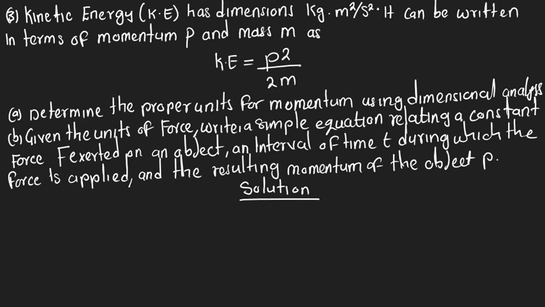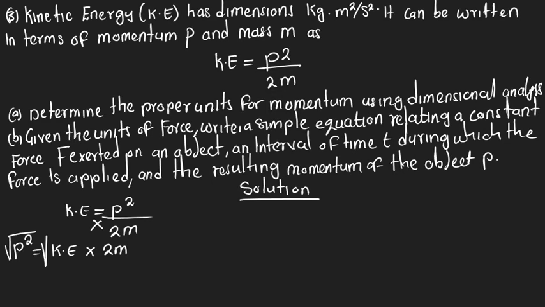To determine the proper units for momentum, we have been given the formula KE is equal to p to the power 2 over 2m. We can cross multiply. We are going to get p to the power 2 is equal to KE multiplied by 2m. Of course, you square root this side, you square root that side.